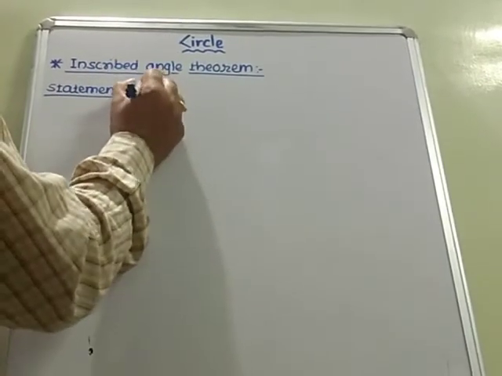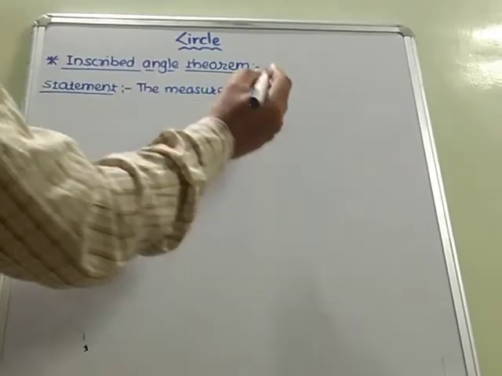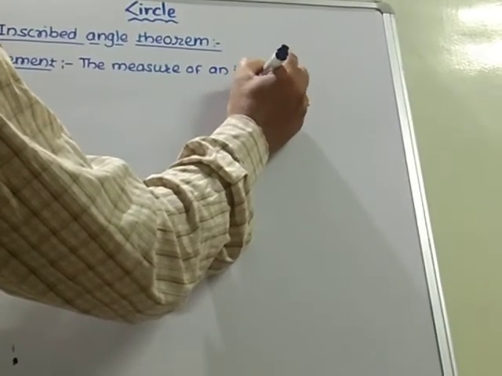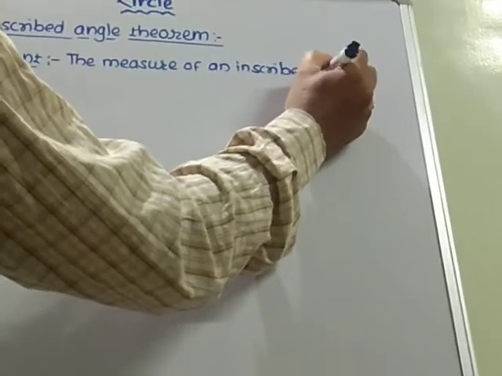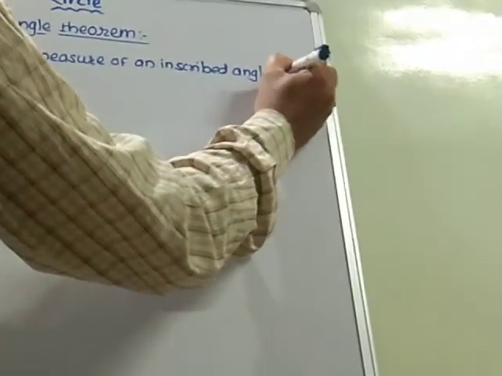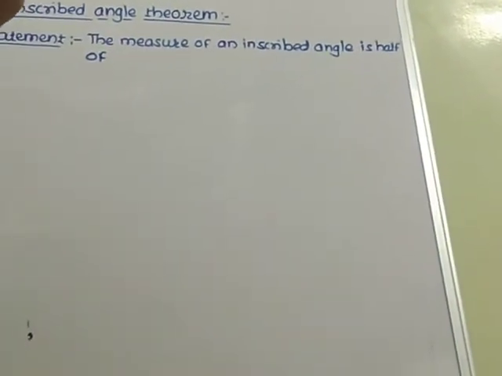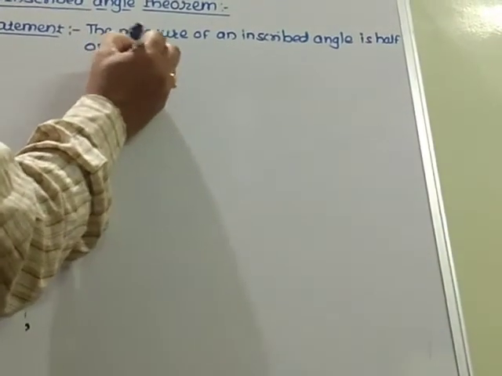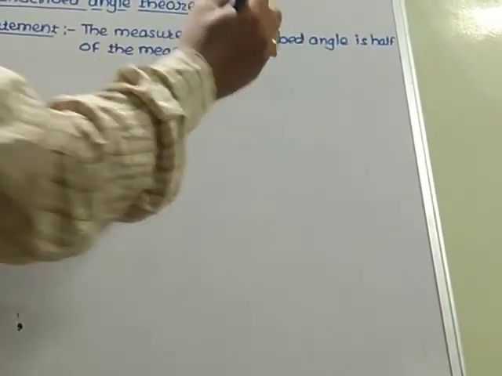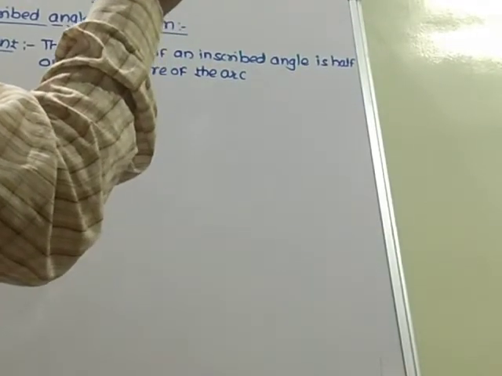The measure of an inscribed angle is half of the measure of the arc intercepted by it.